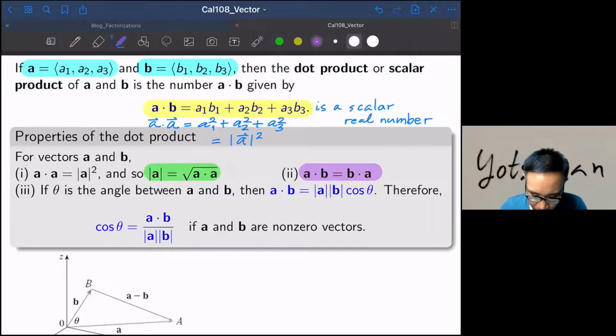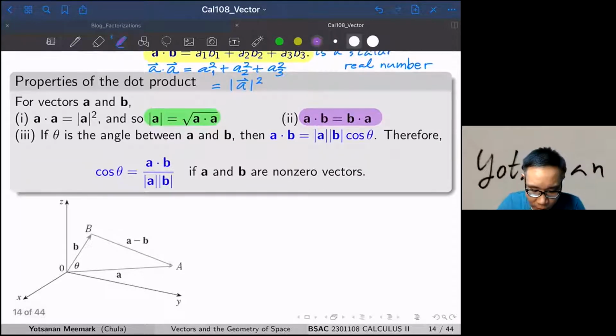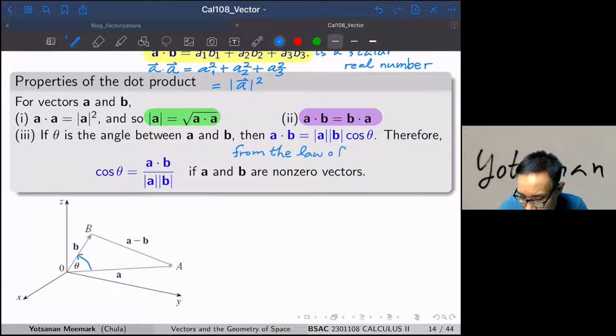And if theta is the angle between two vectors A and B, as you see in this picture, then by the law of cosines, this comes from the law of cosines, you're going to have A dot B equal to norm A, norm B, cosine theta.